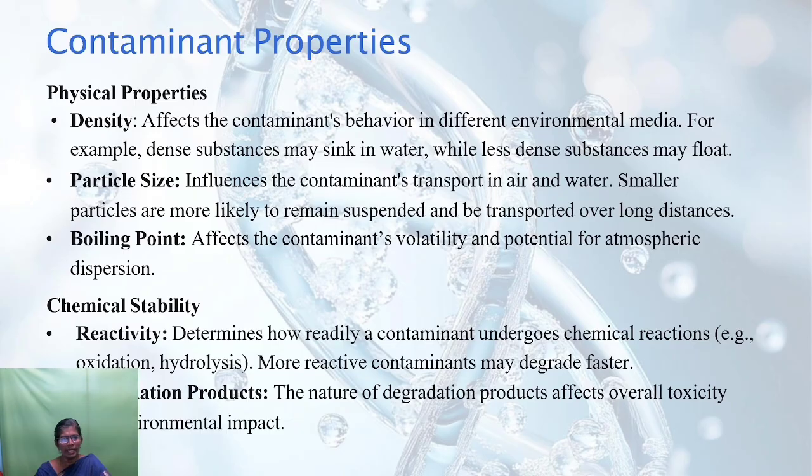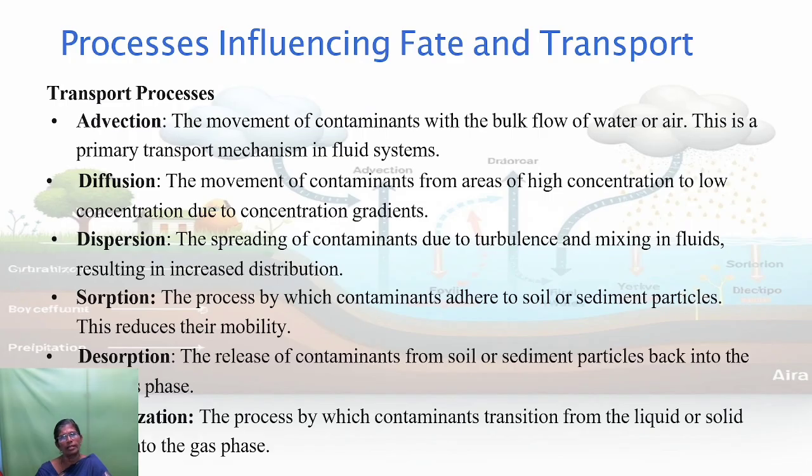Based on the boiling point, the volatility and the potential for atmospheric dispersion are determined. Then chemical stability. Chemical stability is based on the reactivity, how readily a contaminant undergoes chemical reactions like oxidation, hydrolysis, etc. If it is easily reactive, it will degrade faster. The degradation products also affect the overall toxicity and the environmental impact.